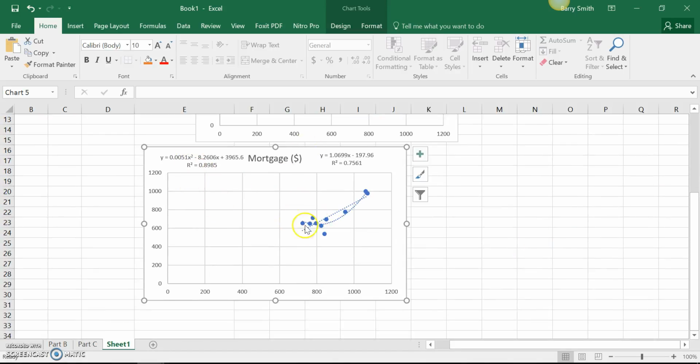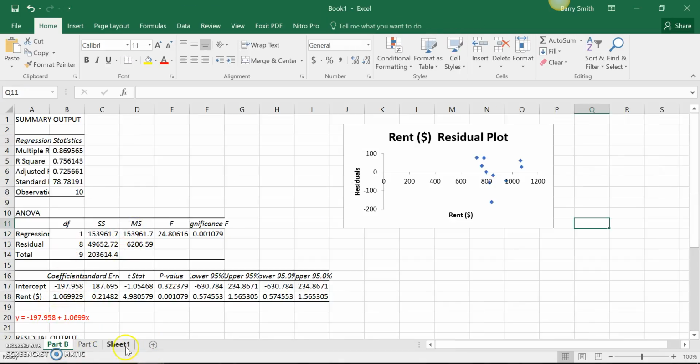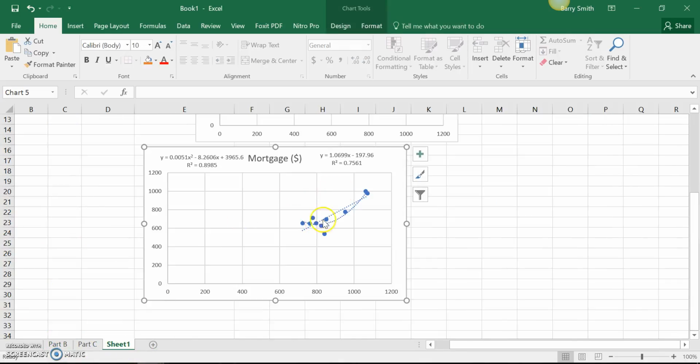And so we get the two trend lines. The quadratic is the curved one, and that's the equation of the line, which we found over here, basically. And then the linear one, which we found in the linear regression analysis, is that one. And we can see that really that quadratic looks a lot better. It's fitting more of the data points. We have fewer points way out on each side than we have on the linear.